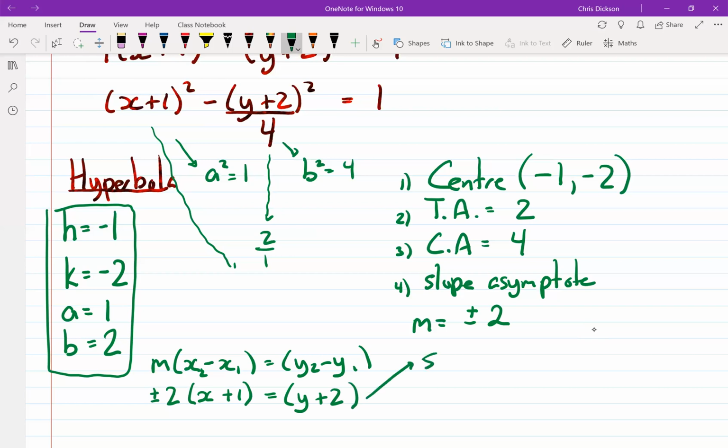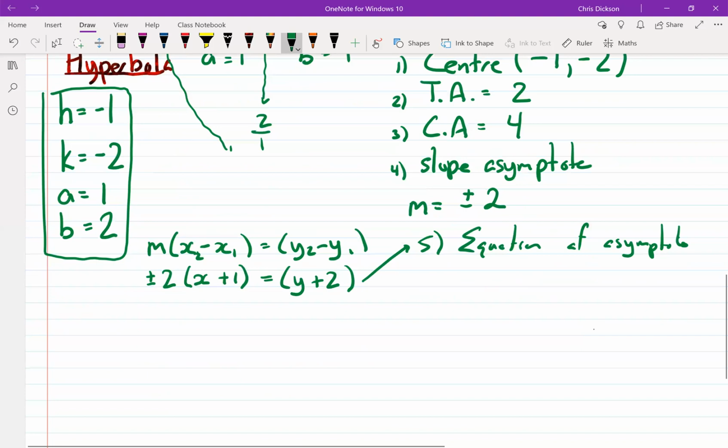So that would be the equation of the asymptotes. And you might be asked to draw this. You'd have to know all the points on that, but I'm not going to draw that right now.